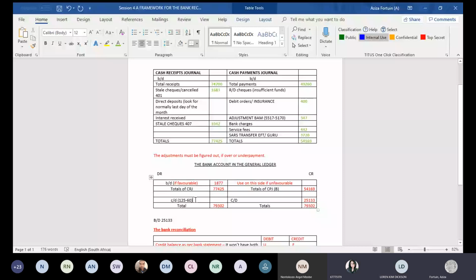No. In this example here, you don't have any figure next to it. It's the row right below the cash receipts journal. The adjustment must be figured out if it's an over or underpayment. Or are you talking about this row here?